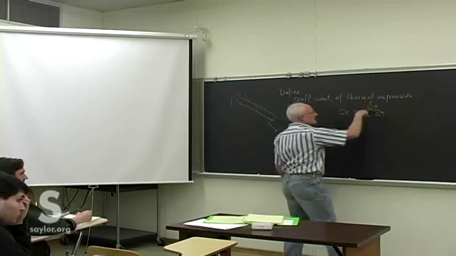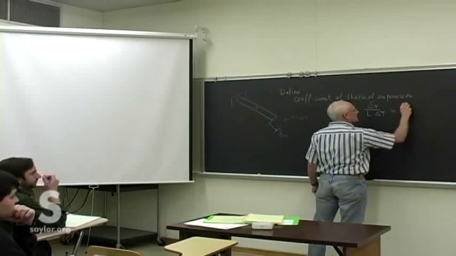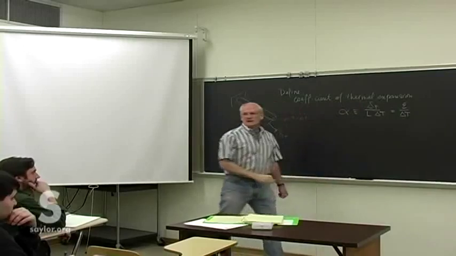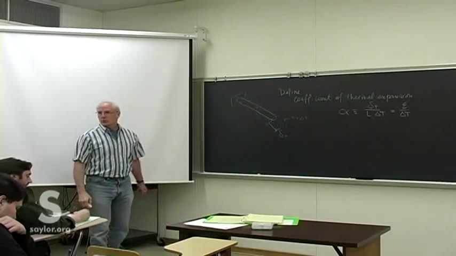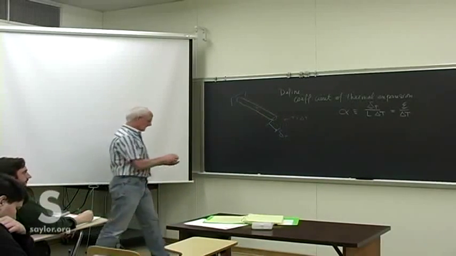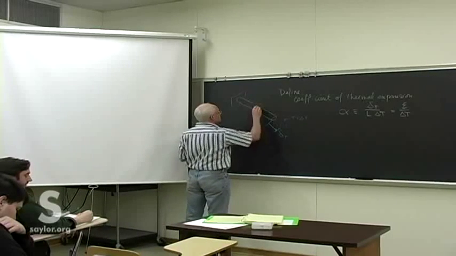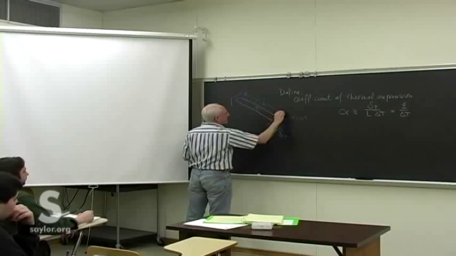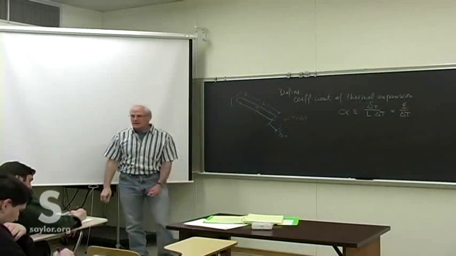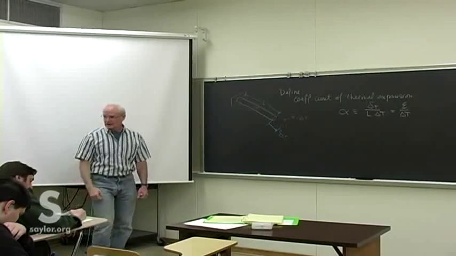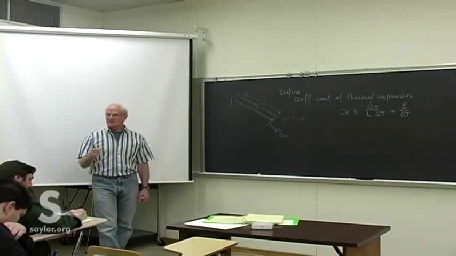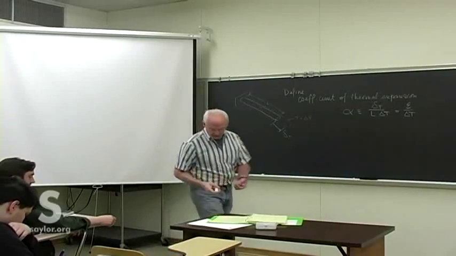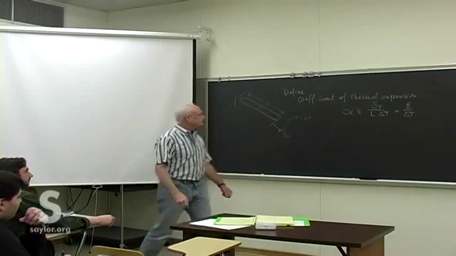And notice that this part over there is actually what we've called the strain, the ratio of the change in length to the original length of the material. It's experimentally determined. It's a property of the solid. It's in the back of your book as the very last column of the thermal properties, so it's very easy to look up.